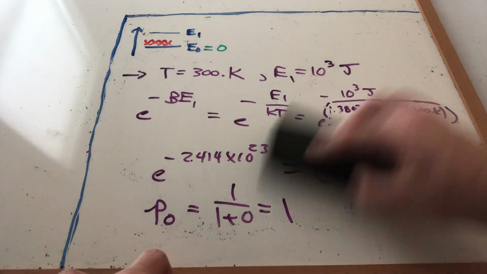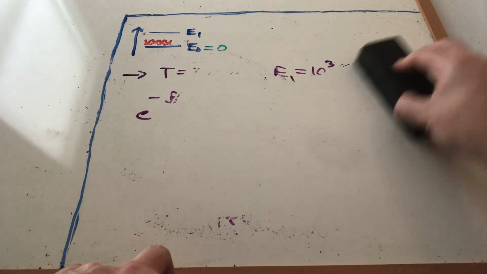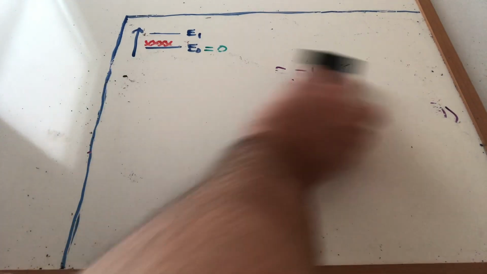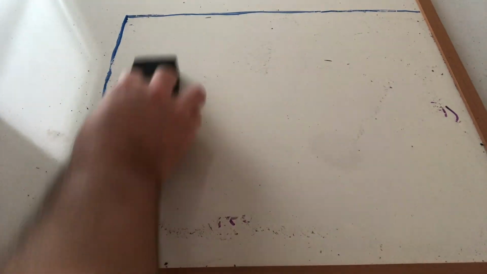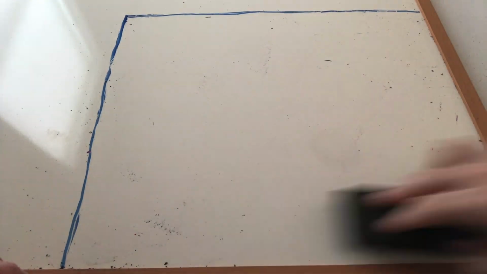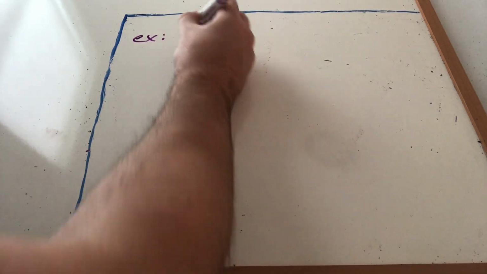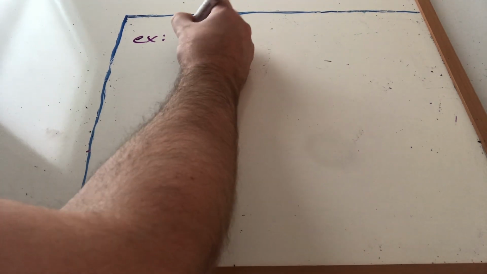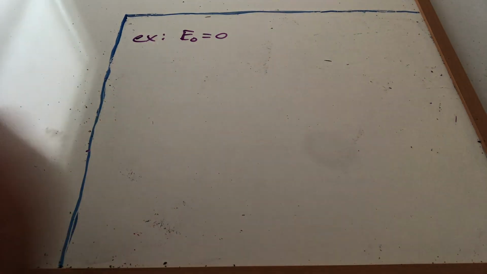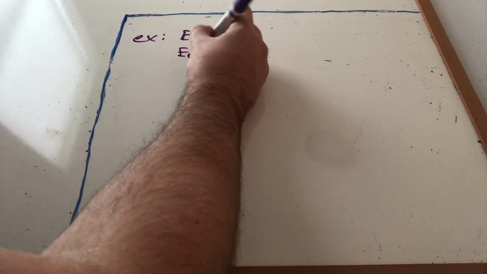Let's ask ourselves a maybe more interesting question then, and then let's link it back to vibrations. Okay. So let's do a two-level system, right? And let's say we have E0 equal to 0. But let's say we don't know what E1 is.